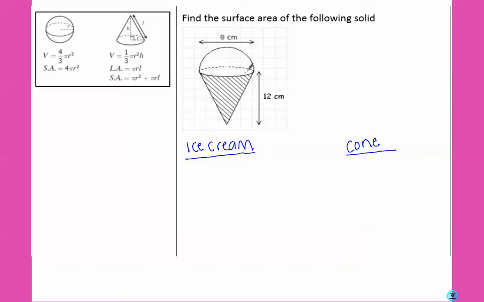So we want the surface area of the ice cream, but remember we only want half of it because it's just the top half of the sphere. So it'll be 1/2 of 4 pi r squared. Since it tells us 8 is all the way across, we know that our radius is 4.